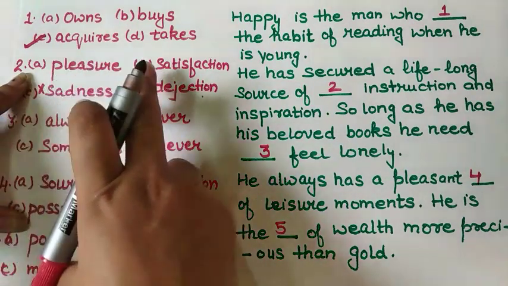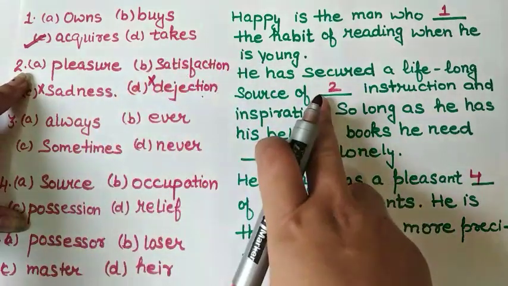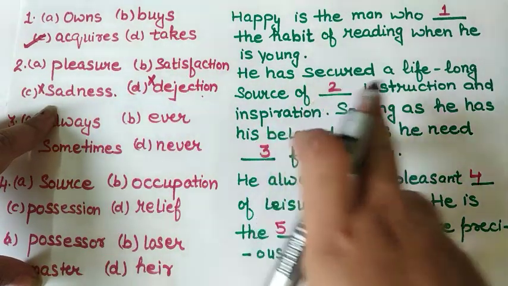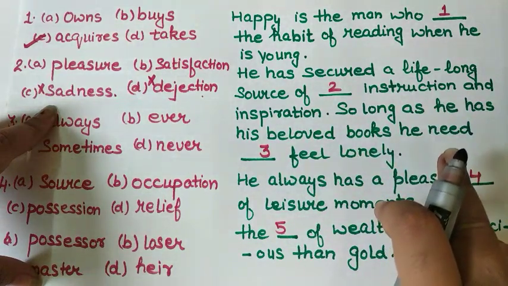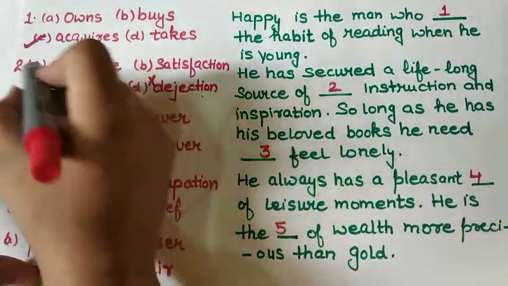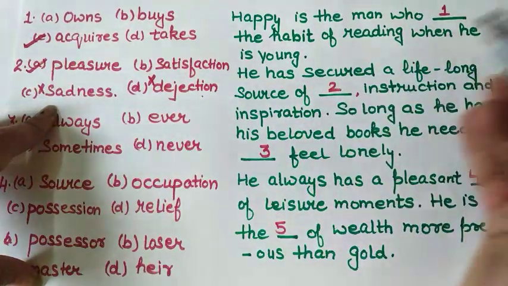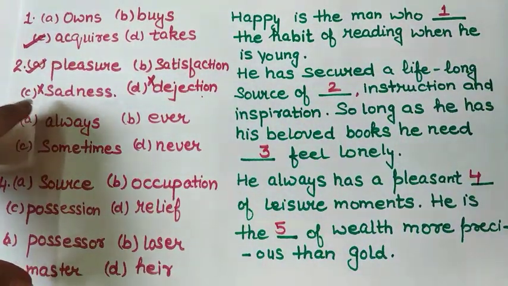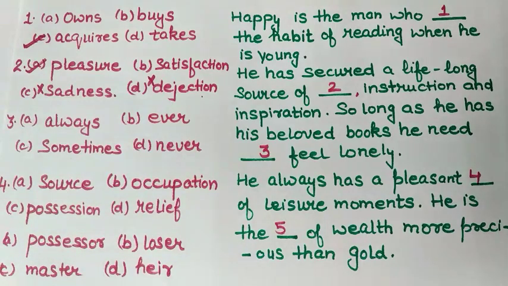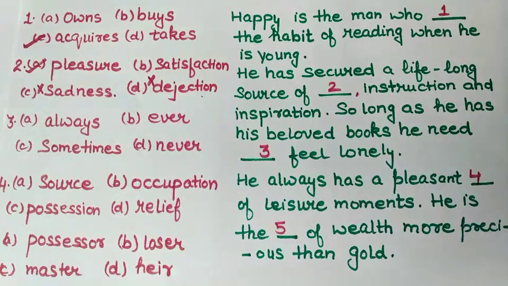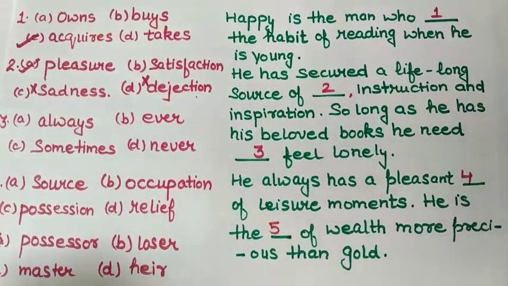Now pleasure and satisfaction, for both words we have to see which one is more appropriate. He has secured a lifelong source of pleasure. Pleasure, instruction and inspiration. You can put a comma here. We cannot write satisfaction because he has secured, because we seek a source of pleasure.